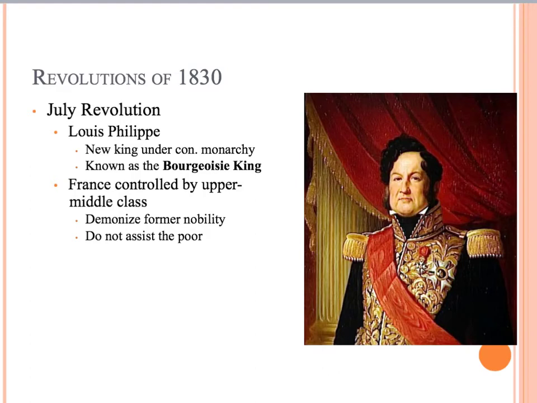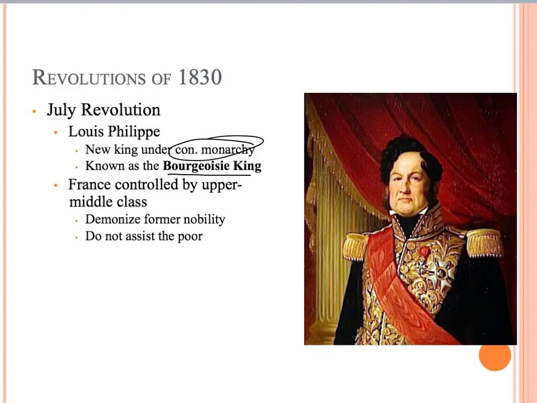Okay, there it goes. Now, Louis Philippe becomes the new king in France. Okay, so they got another king. However, he comes in under a constitutional monarchy, and he's known as the bourgeoisie king. So he's going to be someone who directly supports the middle class.